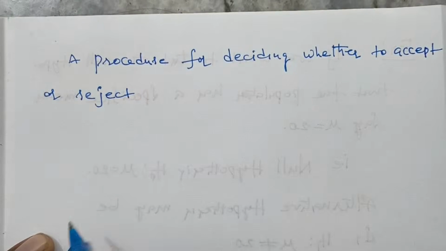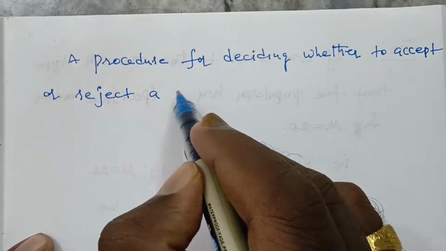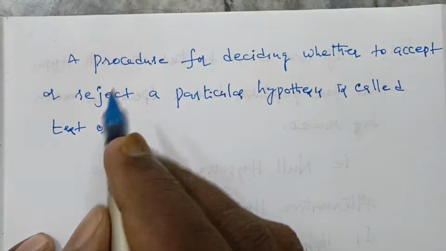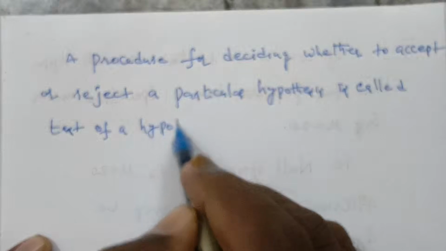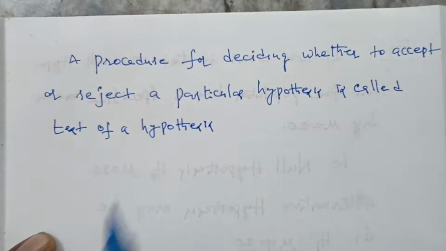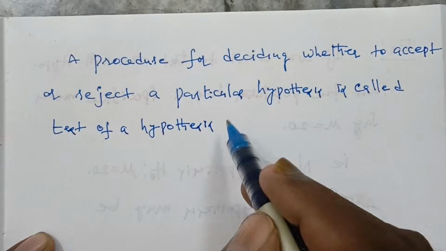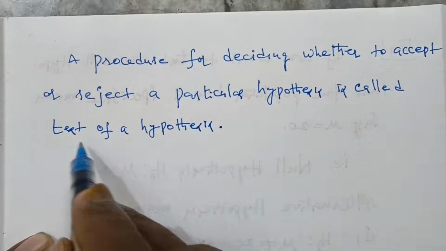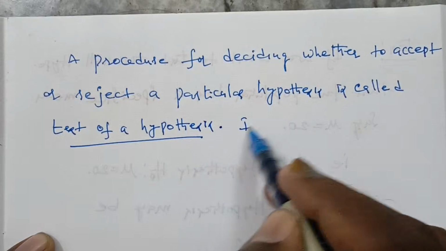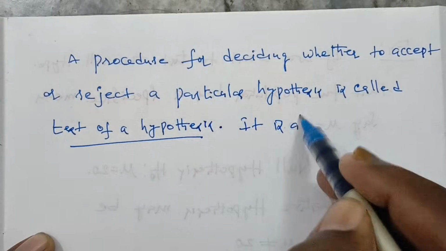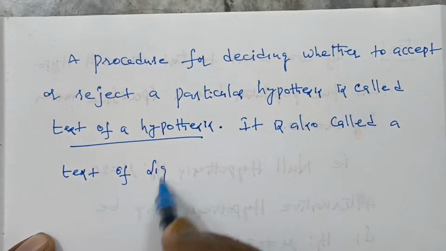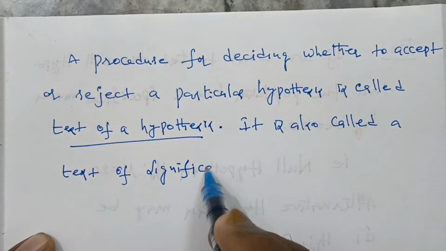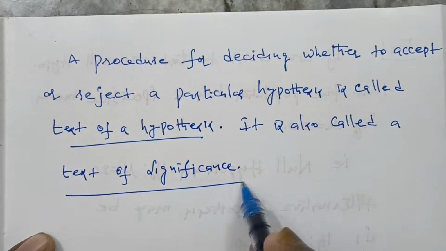Here we have a definition. A procedure for deciding whether to accept or reject a particular hypothesis is called test of a hypothesis. It is also known as test of significance.